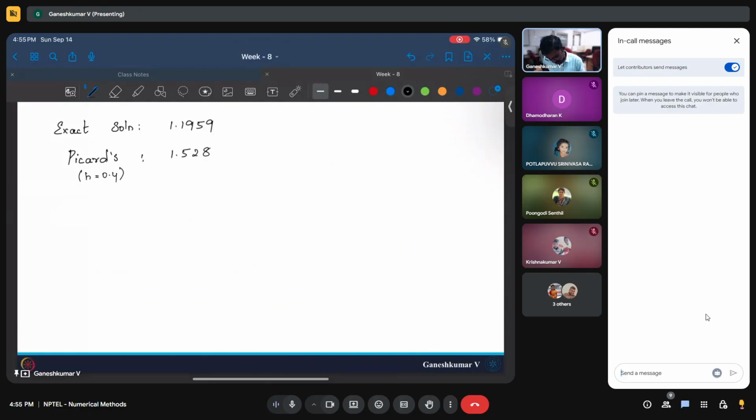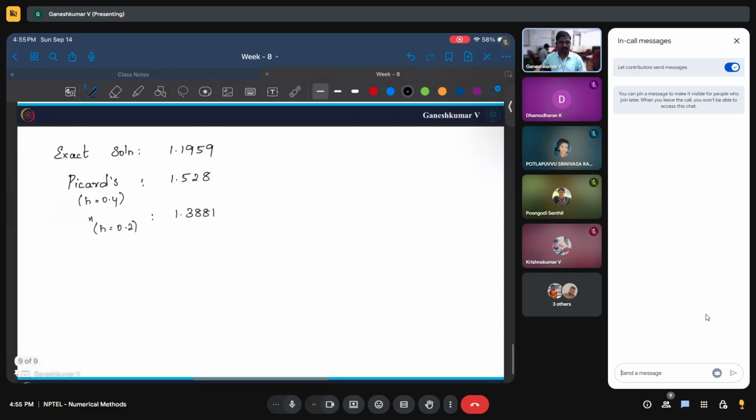But if I do the same thing with h equal to 0.2, then I'm getting 1.3881, which is much closer to 1.1959. So that's the point. If you reduce the step size even further, you will be able to reach the exact solution. But this requires a lot of calculations. That's the problem with Picard's method.